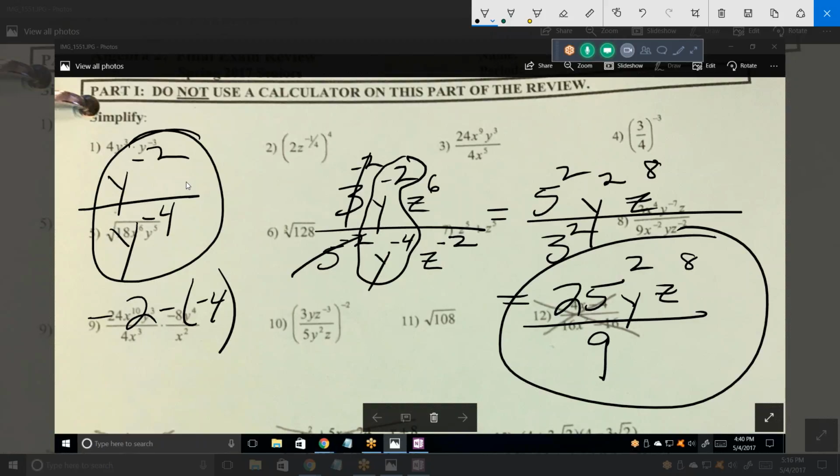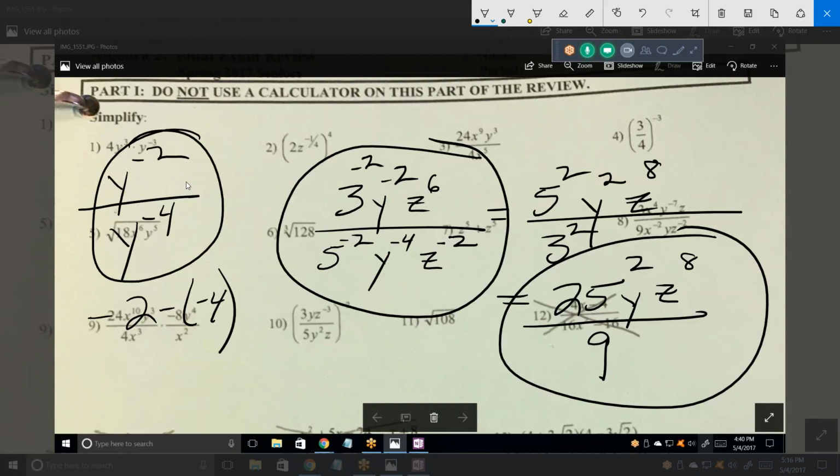Okay, and notice how many negative exponents I started with here. My goodness, when we did the first step, we had a negative exponent there, there, there, there, and there. We had 5 negative exponents. But notice when I put that on the denominator and I put that on the numerator, that took care of 2 of them.